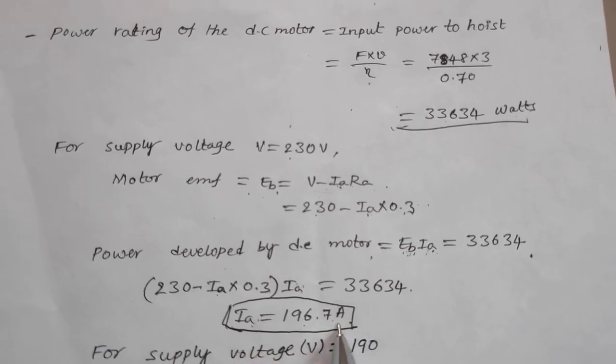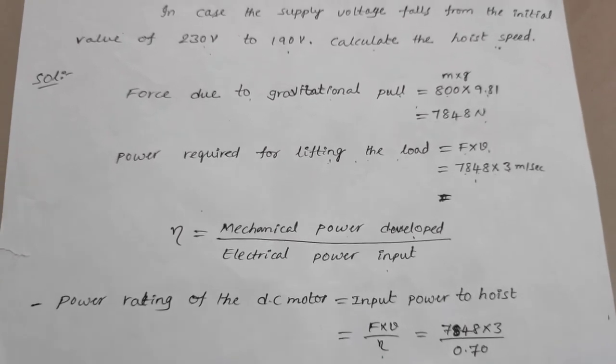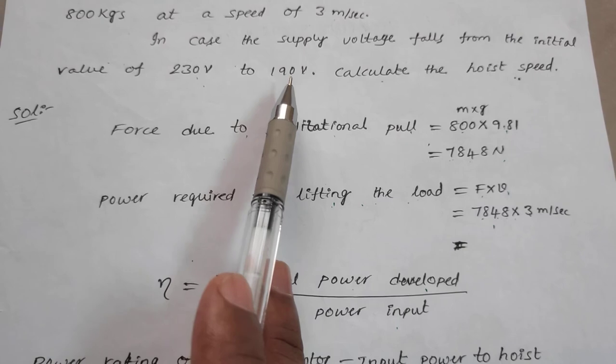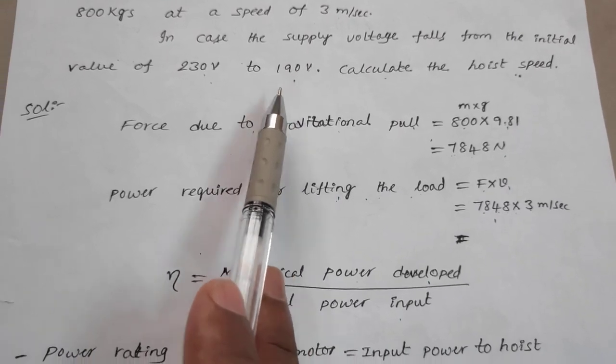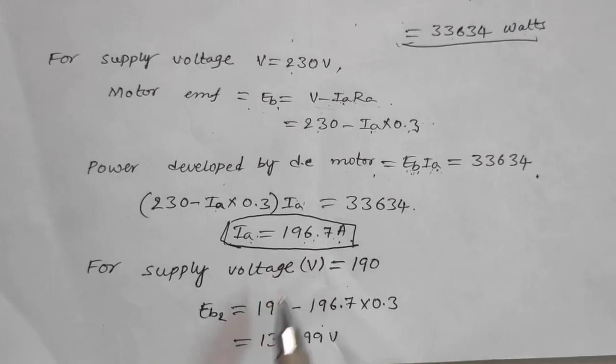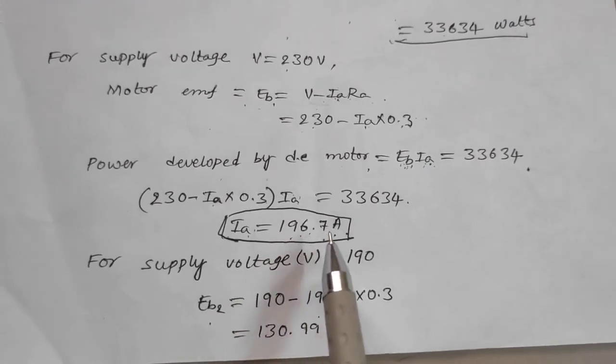Now we got the IA value. In the problem statement, the voltage changes from 230 to 190 volts. With respect to 190 volts, we will calculate the new back EMF by assuming the armature current is constant, as nothing was given about the armature current in the problem statement.